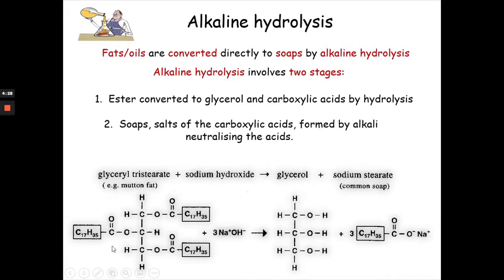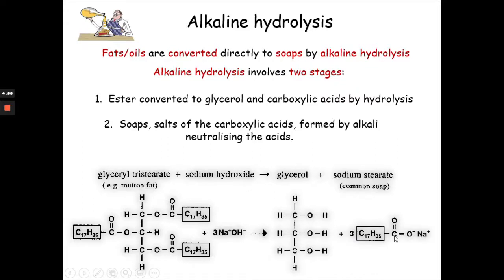This equation here gives an overview of the process. So we've got our ester here, our fat molecule, and we're reacting that with an alkali. We are then splitting that into the 2 components, the glycerol and the fatty acids. So we get glycerol produced. Glycerol is actually also a component of soap. And then we get our soaps, which are our salts of the fatty acids.